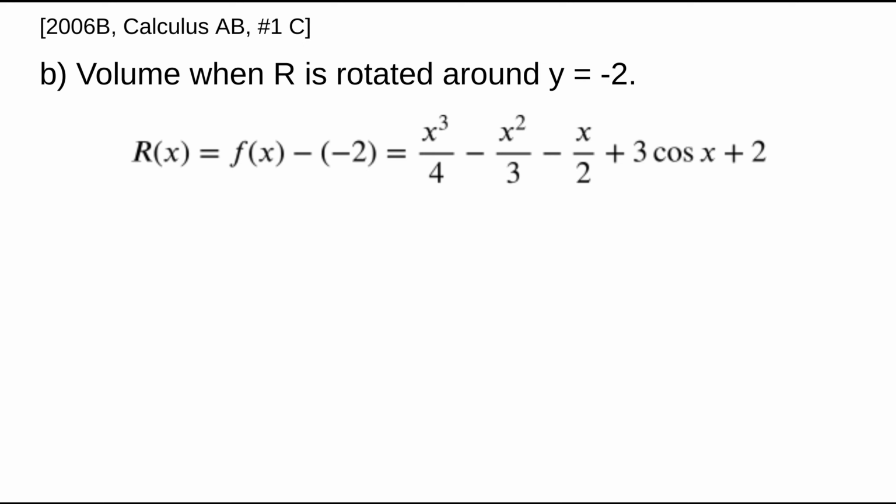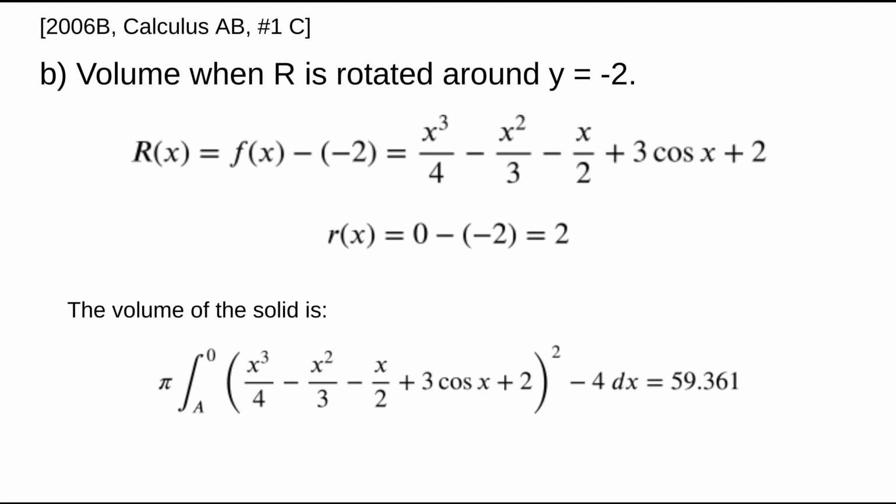So our big radius function is going to be f of x minus the line we're rotating around, negative 2, which turns out to be plus 2. And our little radius function is going to be comprised of the boundary closest to our axis of revolution, which is just the x-axis, which has equation y equals 0. So our little radius is just going to be 0 minus negative 2, or 2.